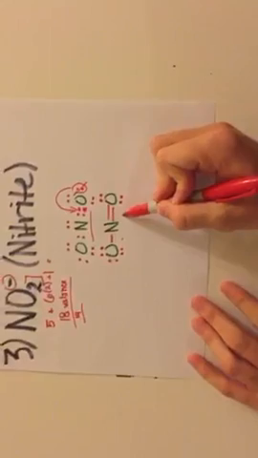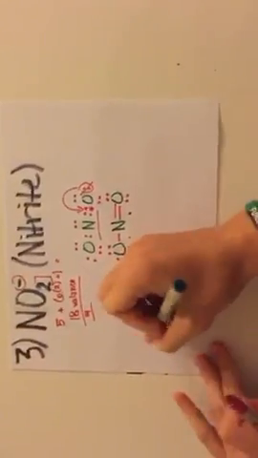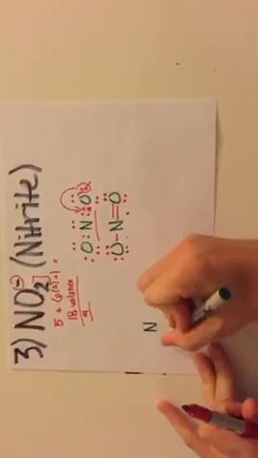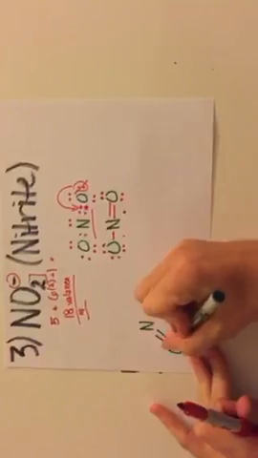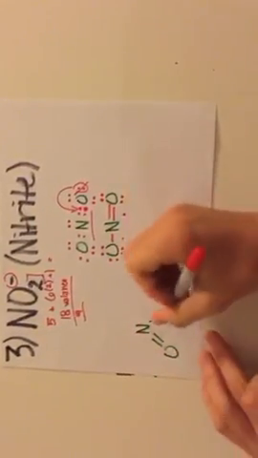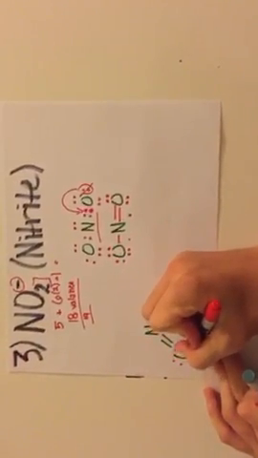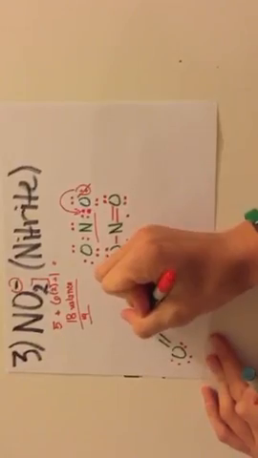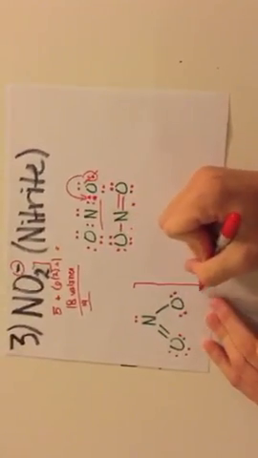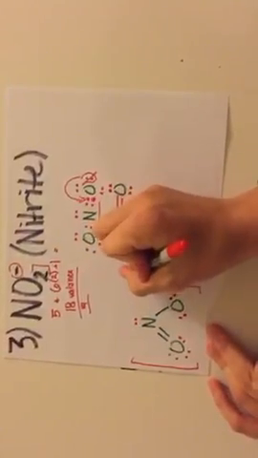But since these bonds are different, we'll have to have a resonance structure, which will look like this. And we add the brackets and the charge.